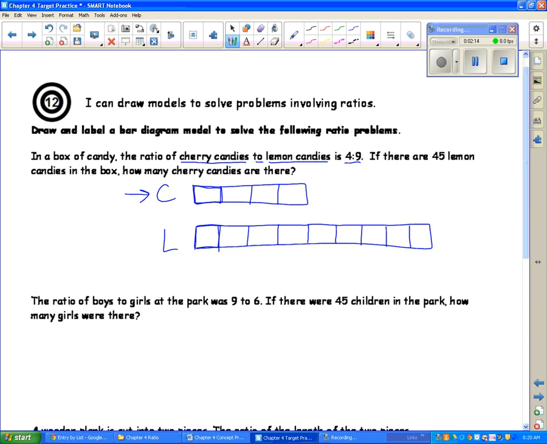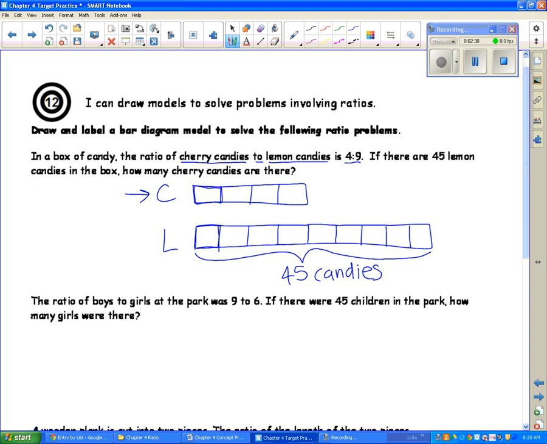Now it tells us if there are 45 lemon candies in the box, how many cherry candies are there? So now we're being told that these 9 units of lemon candies represent 45 pieces of candy. So I want to use that information to figure out how many candies there are per unit.